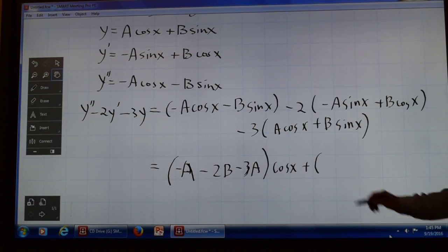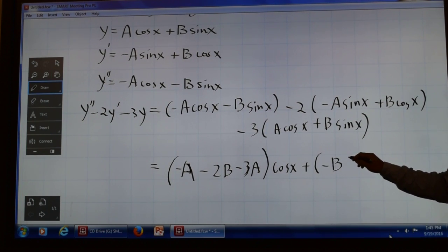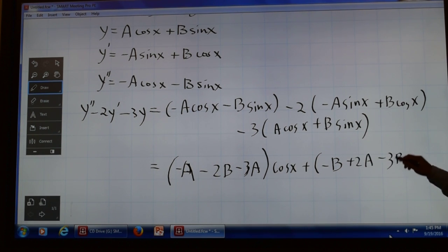And then for the sines, negative b plus 2a minus 3b, sine x.